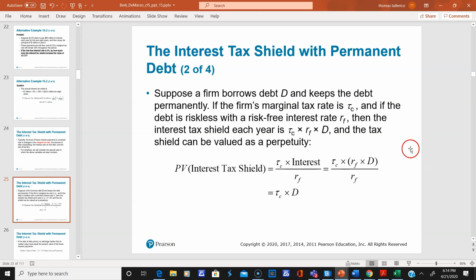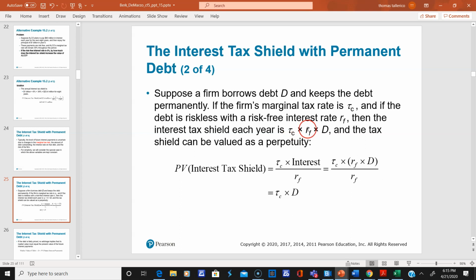All right. Suppose a firm borrows debt D and keeps the debt permanently. If it's permanent, you know where we're heading, probably toward a perpetuity, right? So if the marginal tax rate is TC, and if the debt is riskless with a risk-free rate RF, then the interest tax shield each year is TC times RF times D, right?